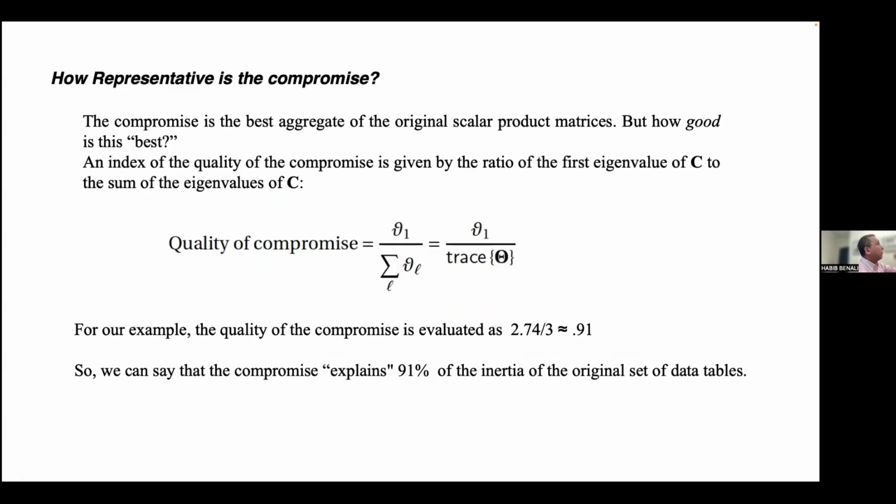When this coefficient is higher, it means that this compromise contains all the information that you have within the whole data set. Okay? So just keep this in mind, that when you would like to know how the compromise explains your data set, you look at this kind of coefficient, it's easy to calculate. Okay.